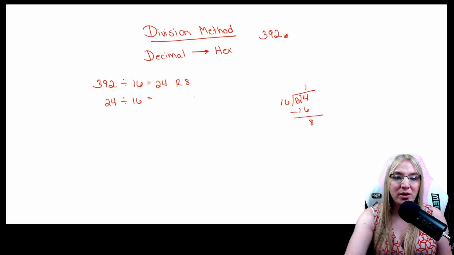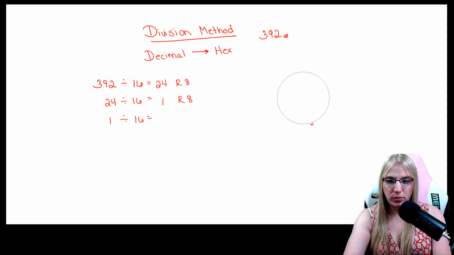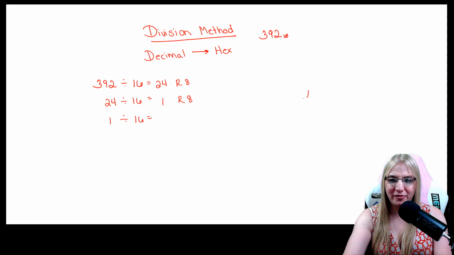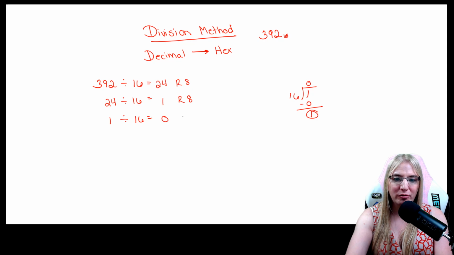So in this case, we have 1 with a remainder of 8. Then we'll bring the 1 around. 1 divided by 16. 16 cannot go into 1, so we're going to put a 0 here. So we get 0 with a remainder of 1.